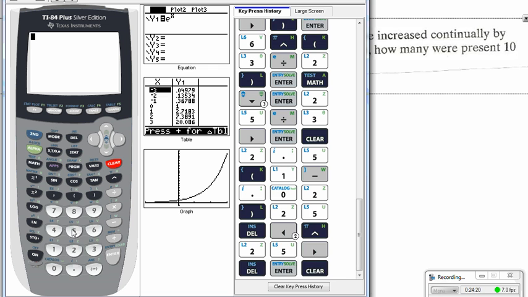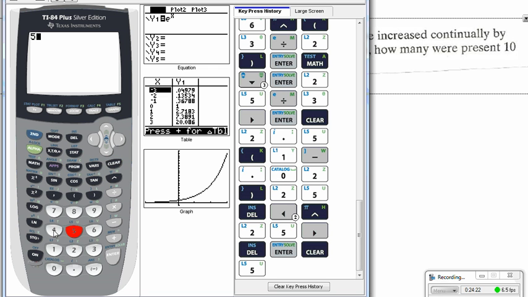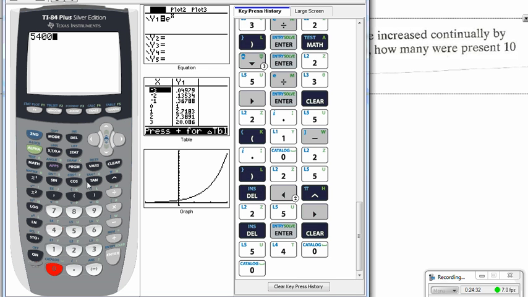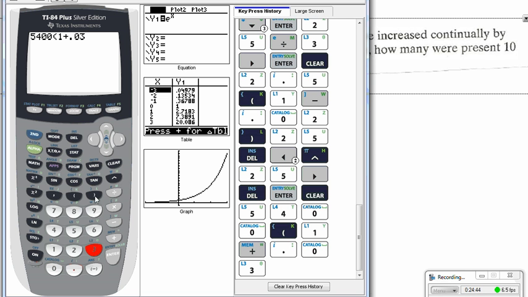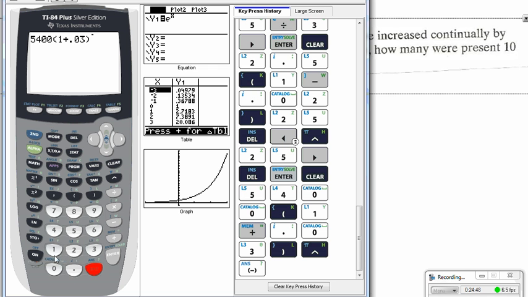Now, let us look through this one together. In this one, we have 5,400 times 1 plus 0.03, but we need to raise this to negative 10.